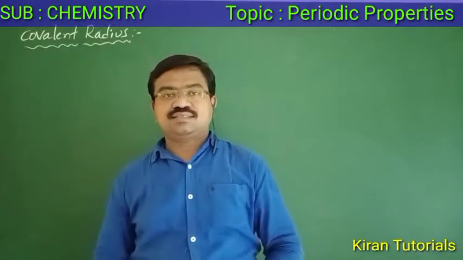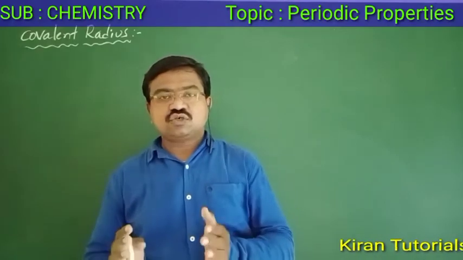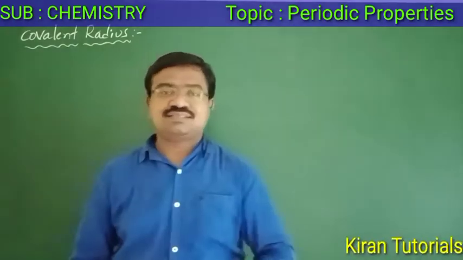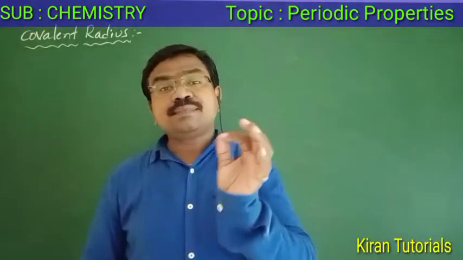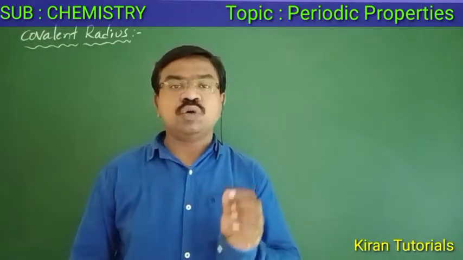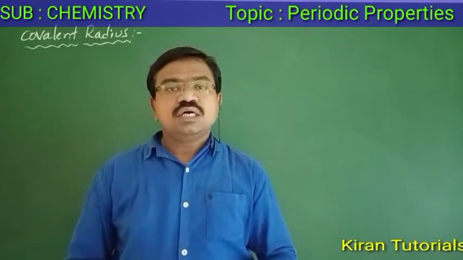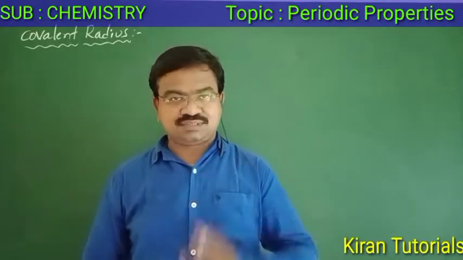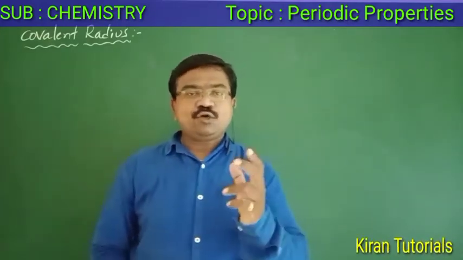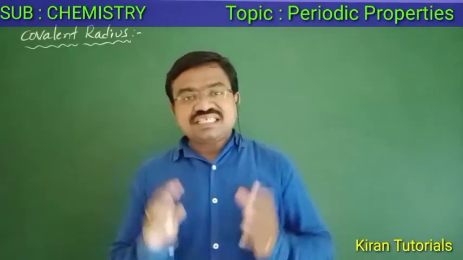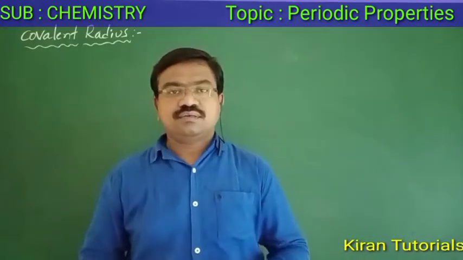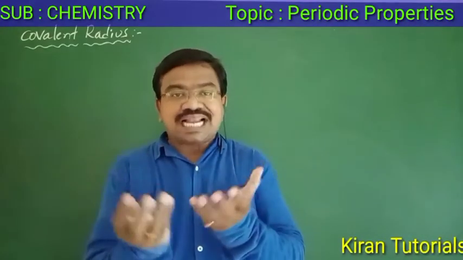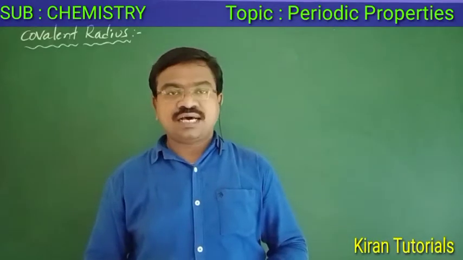What is covalent radius? Before going to covalent radius, we should know about covalent bond. How is the covalent bond formed between two atoms? By sharing of electrons between two atoms, the bond is formed.